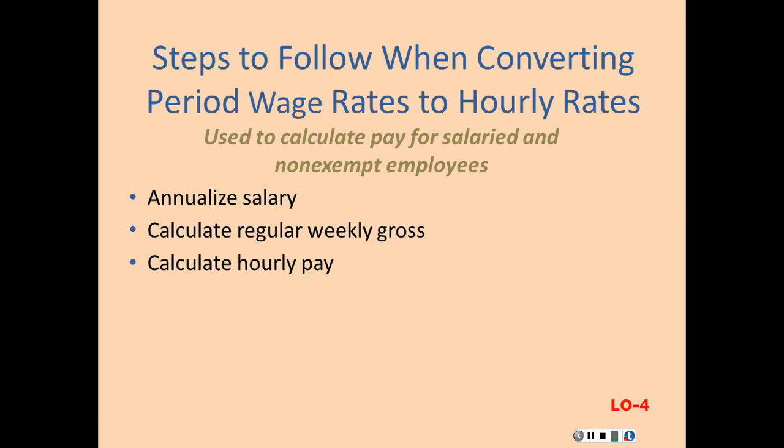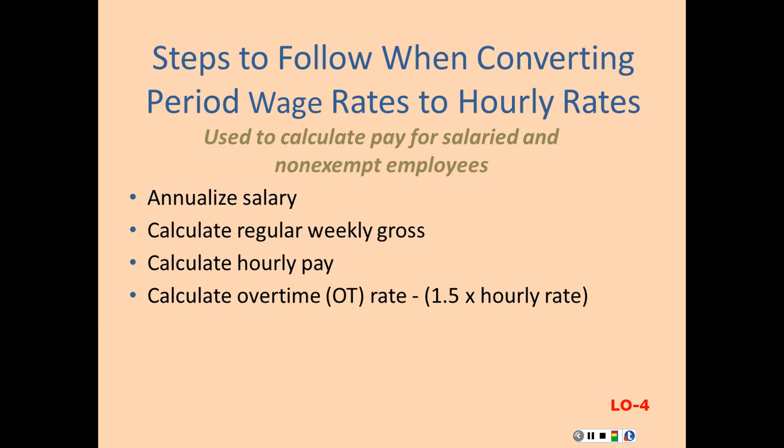Usually 40, not always, but usually 40, we get an hourly rate of pay from that calculation. From that, then we can quickly get our overtime rate, 1.5 times the regular hourly rate. We can add the hourly rate times the overtime hours worked to get the add-on that we need for overtime pay, and add that to the regular gross pay.